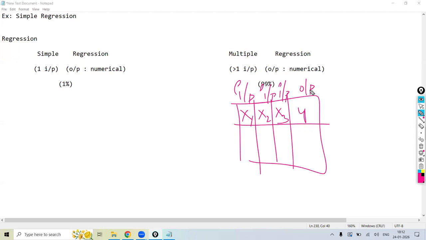In multiple regression there is one concept: how y is related to x1, how y is related to x2, how y is related to x3.